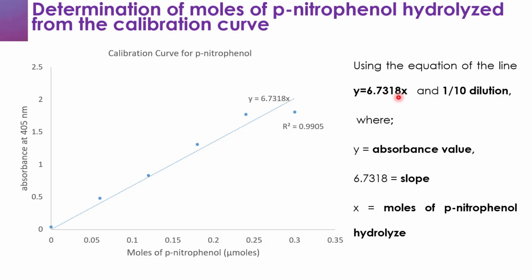To extrapolate the moles of p-nitrophenol hydrolyzed, we substitute the absorbance value from our test at 30 minutes in the place of y and calculate the value for S. The calculated value for S is the moles of p-nitrophenol that was hydrolyzed from our reaction at 30 minutes.